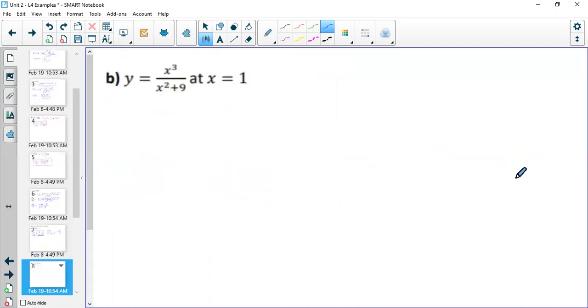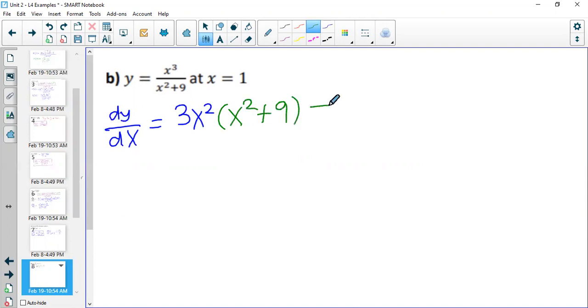So we're going to have a cubic function in the numerator and a quadratic function in the denominator, and we're going to solve when x is equal to positive 1. So let's start. dy over dx is going to be equal to the derivative of the top function, 3x squared, times my original bottom function, x squared plus 9, minus the derivative of the top.